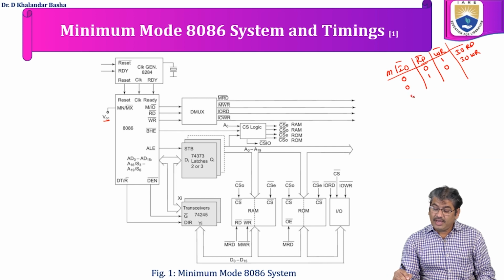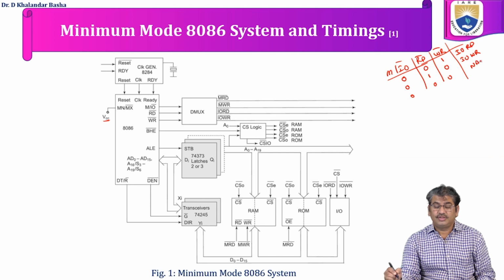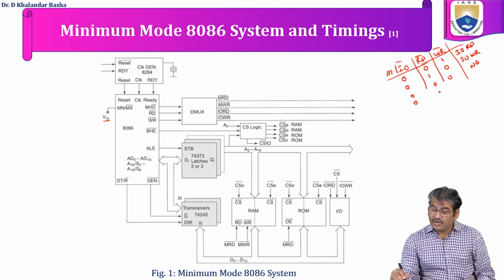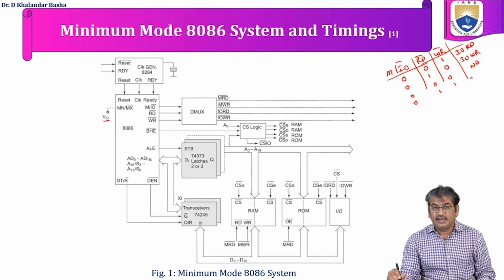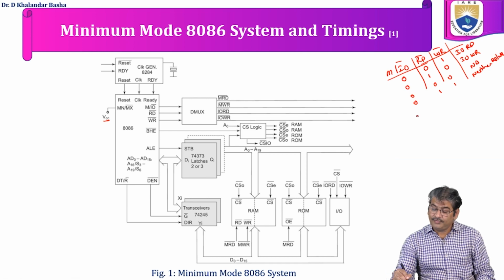If M/IO bar is 0, these both cannot be at 0. If the combination is 0, 1, 1, then it indicates neither read nor write with respect to I/O devices.